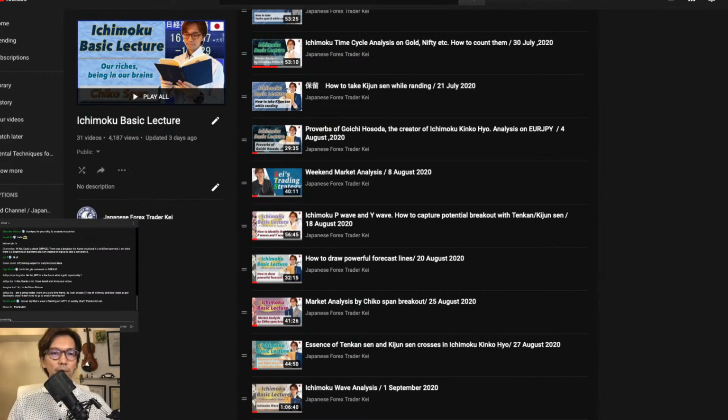Let's say for one of the pairs, the Kumo looks to be moving up, but it just twisted upwards and the Kijun Sen just started to point upwards. And for the other pair, the Kumo has been uptrending for a couple of days in the past, and the Kijun Sen is still going up for a couple of days. Then I will pick the latter.